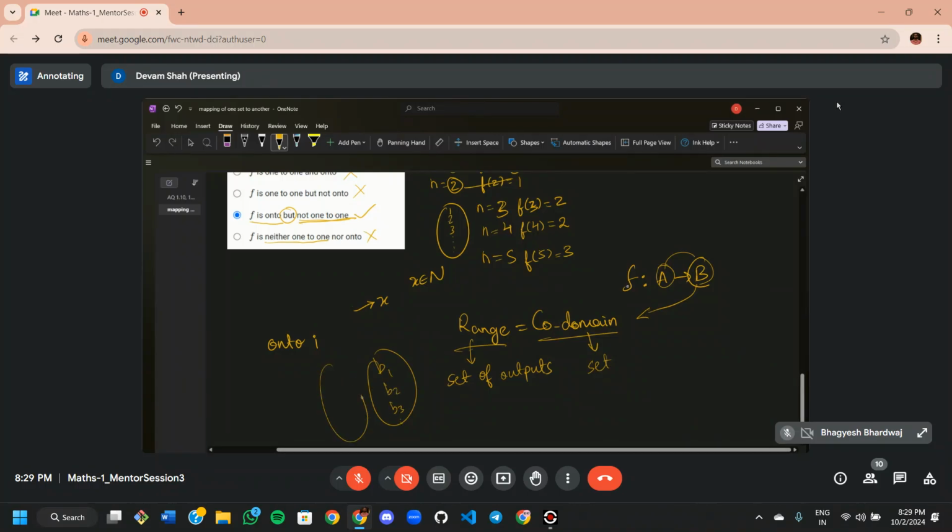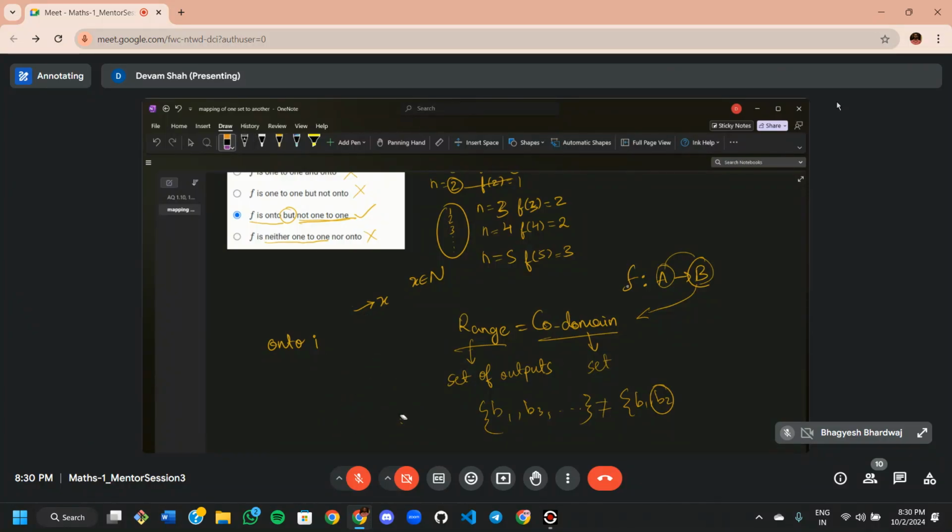But now, if I say there is A1, A2, up to AN, this is mapped to this, this is mapped to this, this is mapped to some other element, and this is left out. So here range is B1, B3, and so on, but codomain is B1, B2. Because of this one thing also, it is not onto. So for onto, you have to check for range equal to codomain.